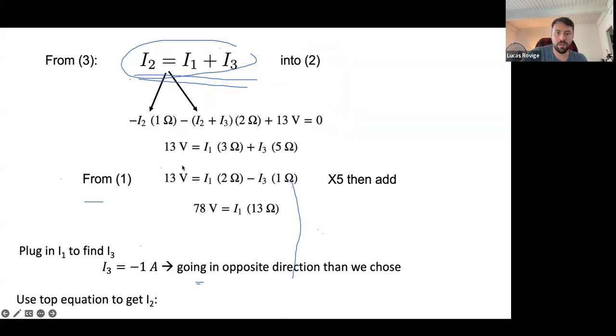Now we have this expression between I1 and I3, and so we can get rid of I3 here.